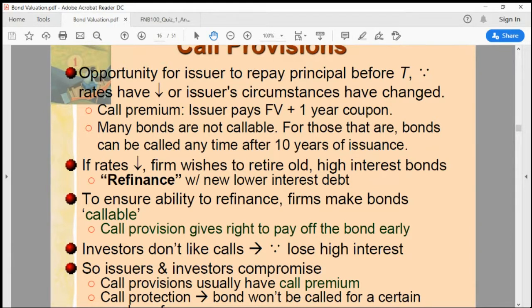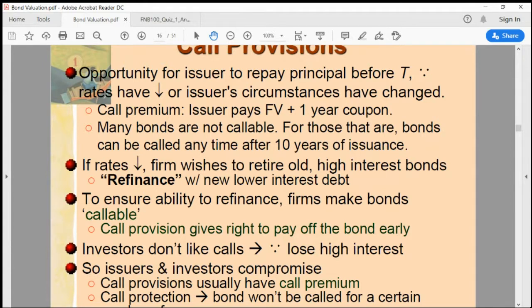Not all bonds are callable, right? First of all, only the callable bonds are callable. The bonds that are born as callable bonds are callable. Other bonds that are not born as callable bonds cannot be called, because they are not callable.